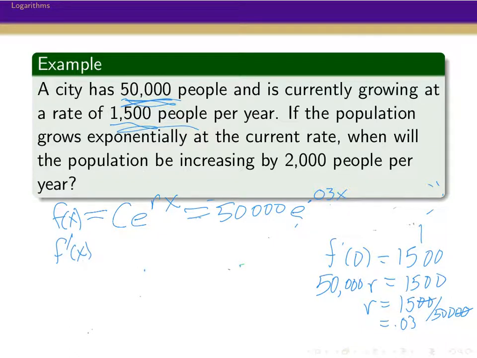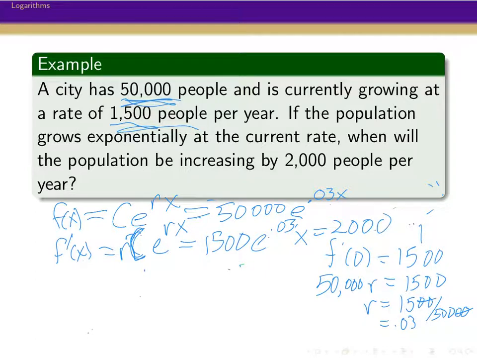We saw that the derivative is c times e to the rx times r, so I can rewrite that by bringing the r to the front: r times c e to the rx. And r times c is 0.03 times 50,000, that's the 1,500 again. So our derivative is 1,500 e to the 0.03x. And then the question is, for what value of x is this going to equal 2,000? So let's set that equal to 2,000. Let's do some erasing around here.